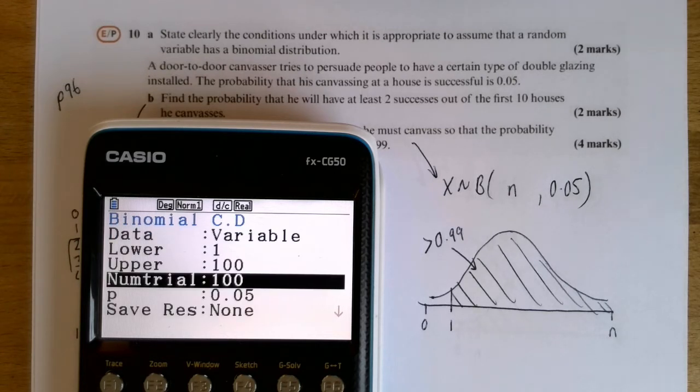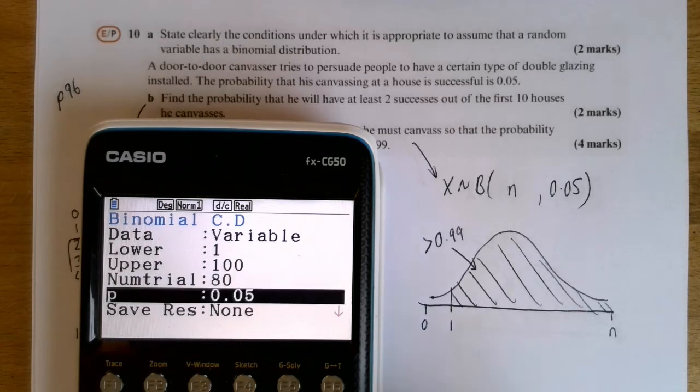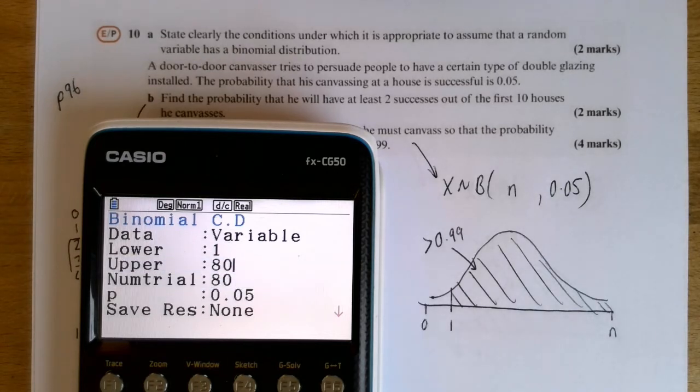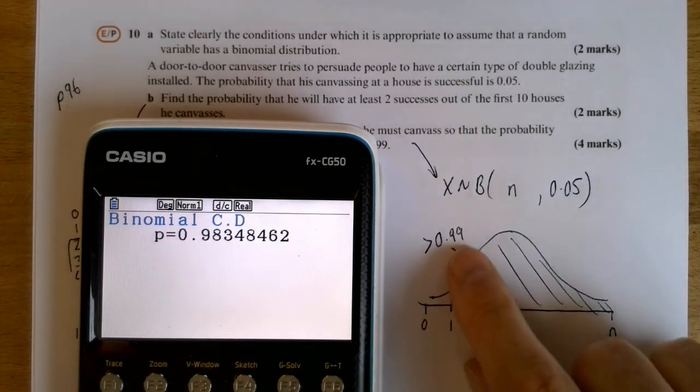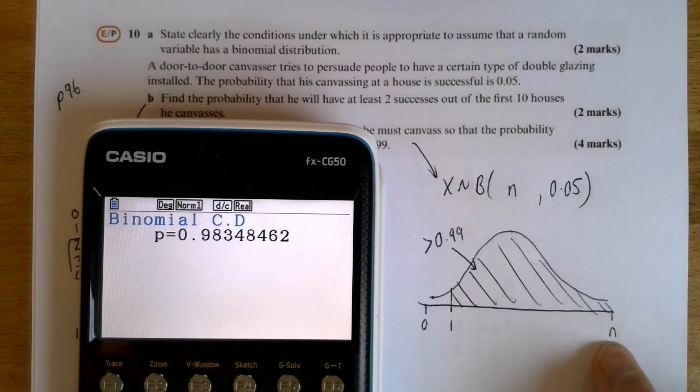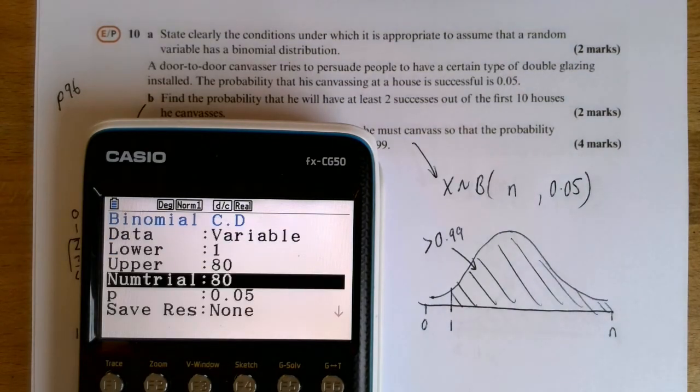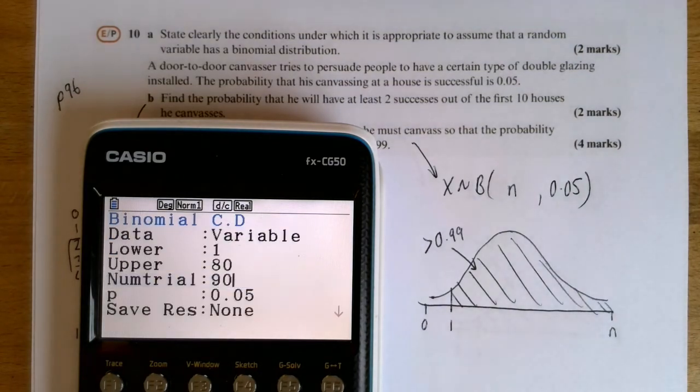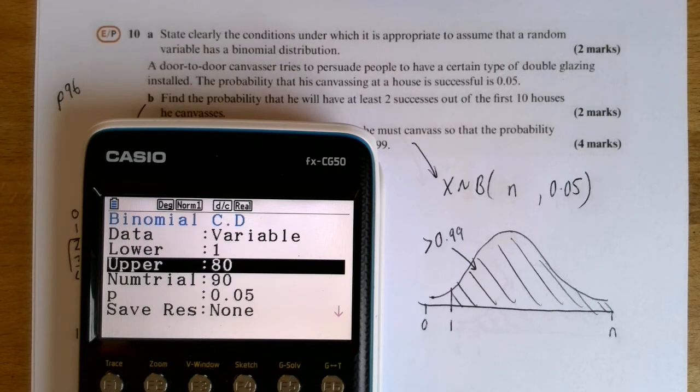Let's go down to 80. So let's work out the probability of 1 to 80 if he knocks on 80 doors. Right, we've dropped below 0.99 again. So we know that this value here has got to be bigger than 80. It might be 100, it might be smaller than 100. Let's try 90. So then work out the probability of 1 to 90.